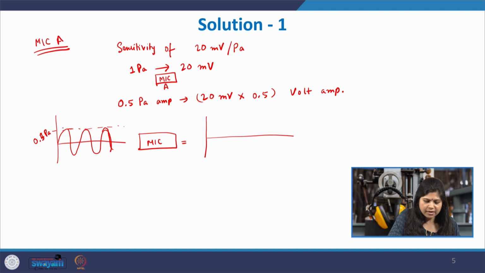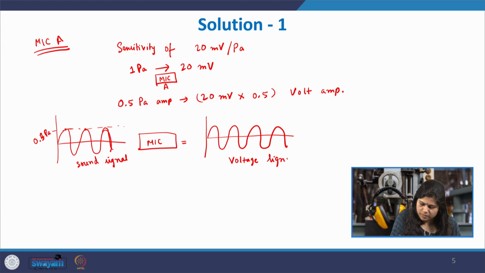Each of these 0.5 Pascal values, when converted, gives 20 into 0.5 microvolts, which is 10 microvolts. This is the sound signal, and this is the corresponding voltage signal generated by this microphone; multiplying the 0.5 Pascals with the sensitivity, what you get is 10 microvolts.